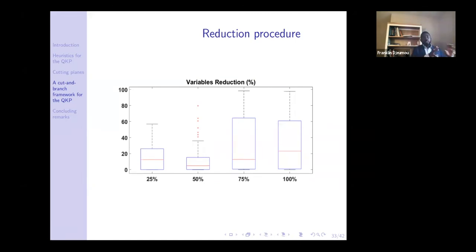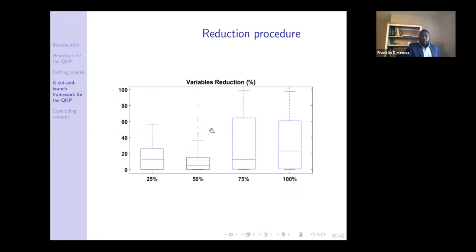So that's the reason why we did not go yet into a full branch and cut algorithm, but that's the next step. But before that, we need to study the impact of individual cutting planes that we have to specific problem types. Then we can use them in a branch and cut, knowing that they will be very useful.